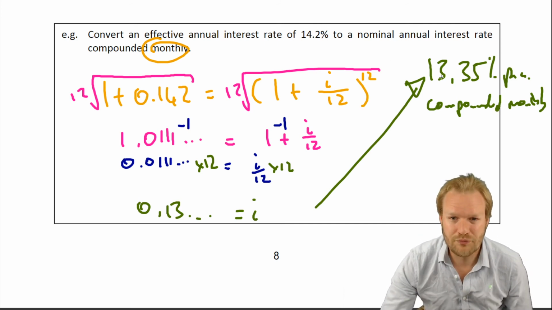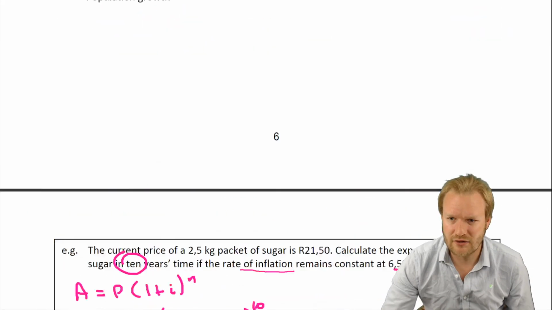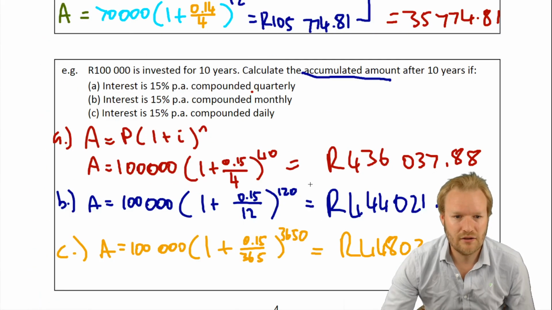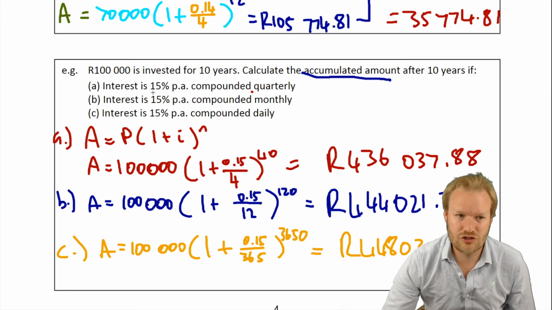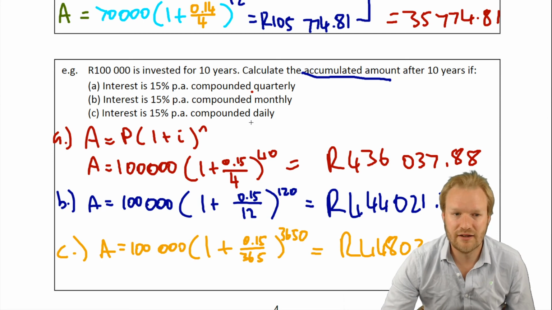So therefore, every month, that interest rate would be lower. And we looked at this in the example up here, where we had the same interest rate. So we invested 100,000 Rand and we compounded quarterly, monthly, daily.